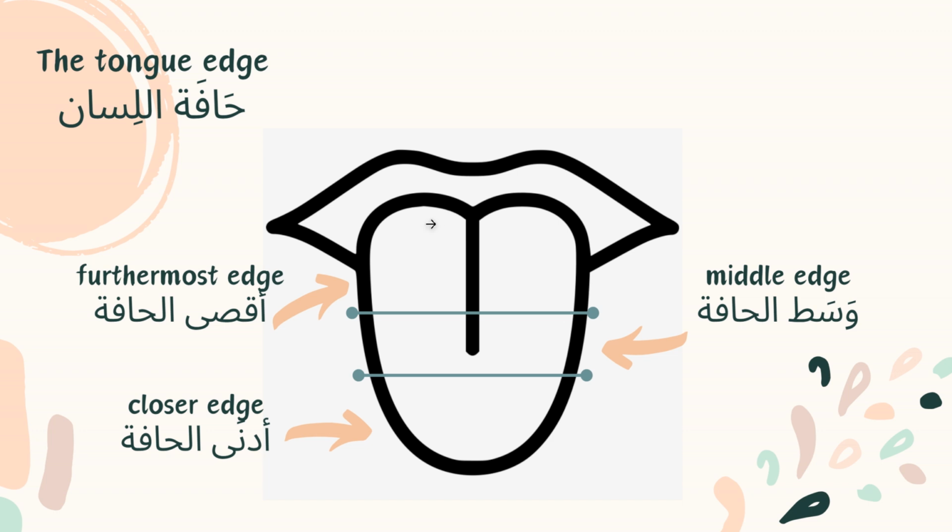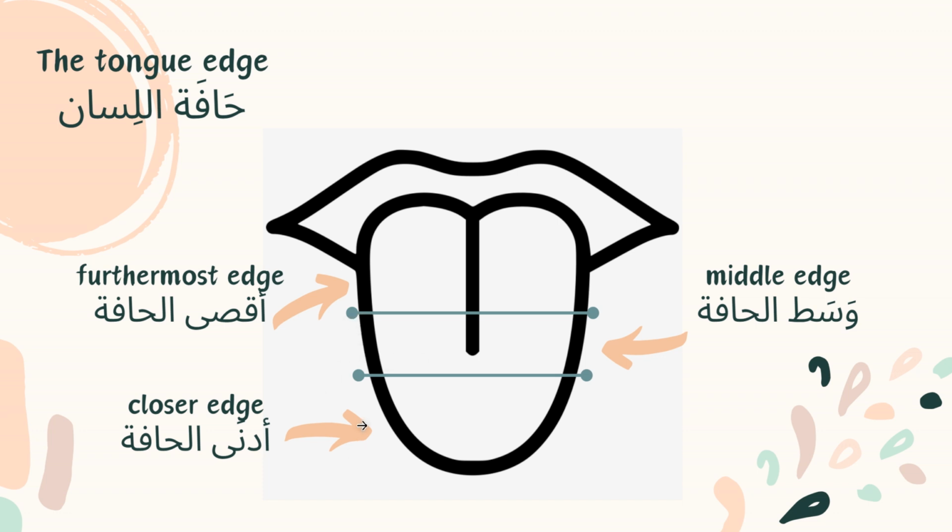Let's have another look here. I'm talking about the tongue edge, because the tongue edge is also divided. Now this is the edge as we mentioned before, right and left edges, okay? And then we have aqsa al-haffa, the furthermost part of the edge is this part, okay? And then we have wast al-haffa, this is the middle part of the edge of the tongue, okay?